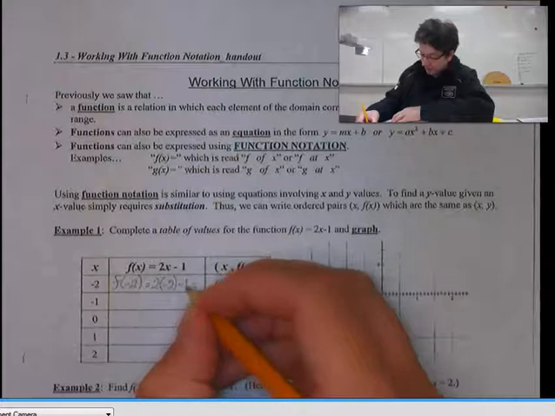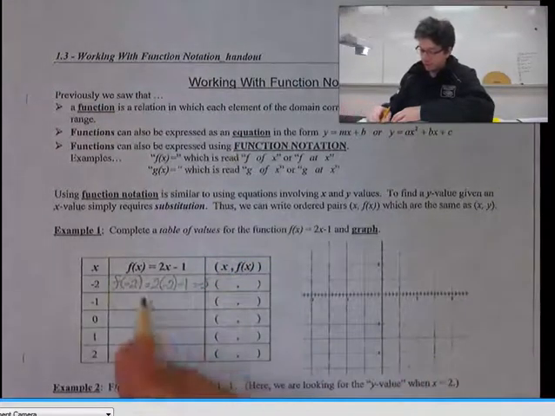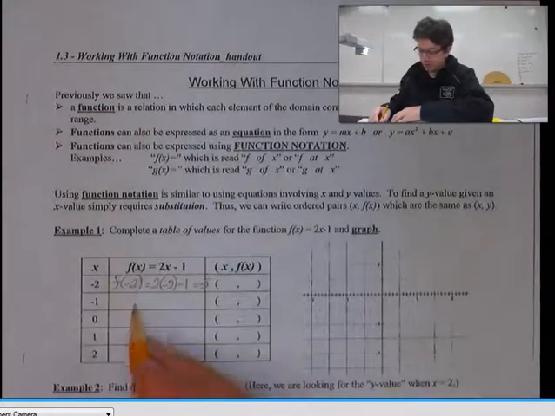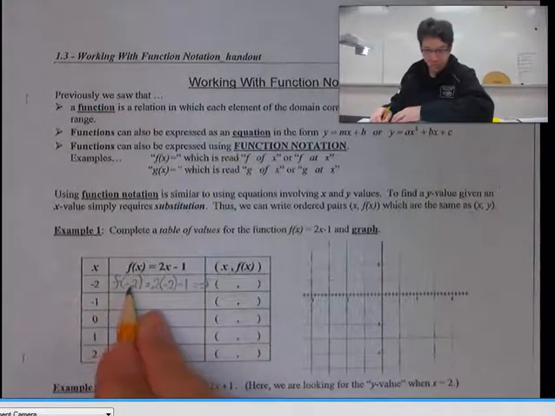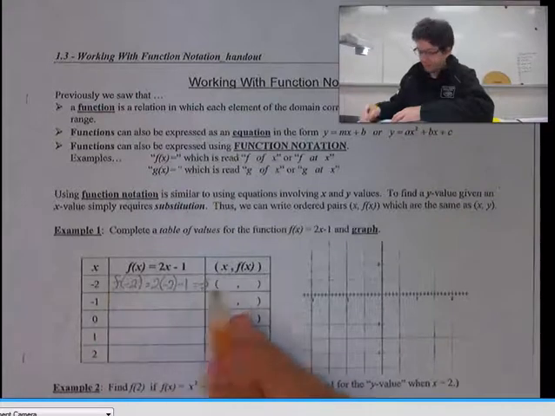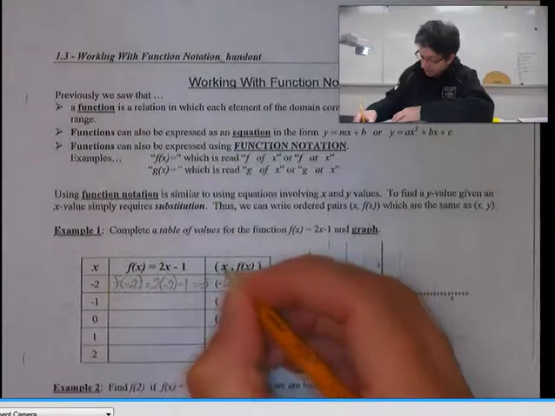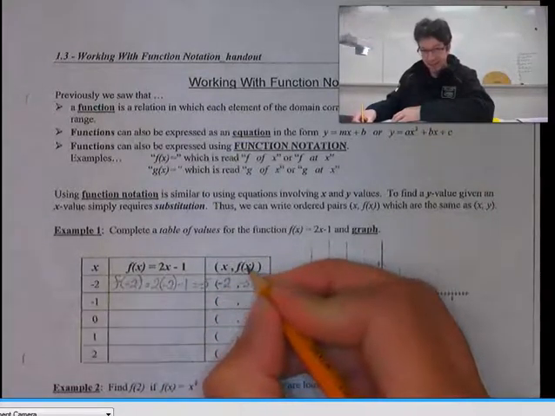That's negative 4, minus 1 is negative 5. So writing function notation does allow us to be a little bit more specific. Here we're saying there is some function, and at negative 2, that function has a value of negative 5. So our coordinate pair is minus 2 for x and minus 5 for the value of that function at x.